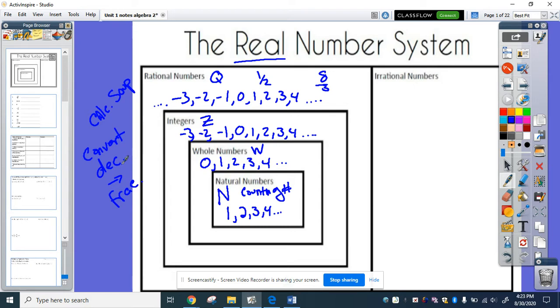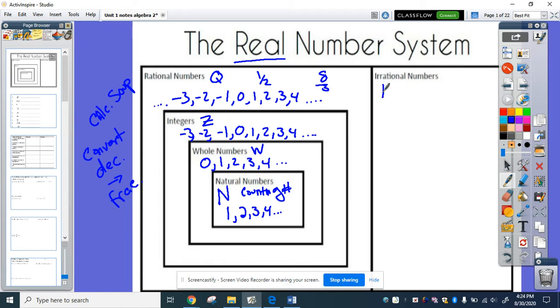If you can, then it's considered a rational number. If it tells you it's the same decimal that you typed in, then that means it's not a rational number, it is an irrational number.